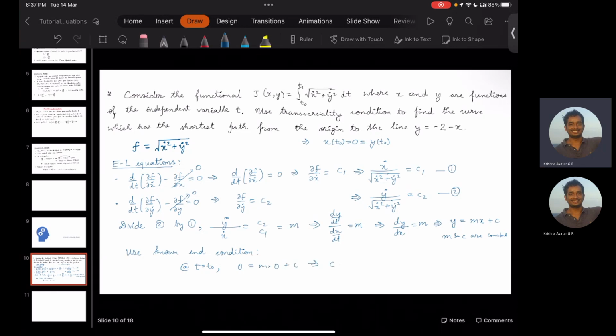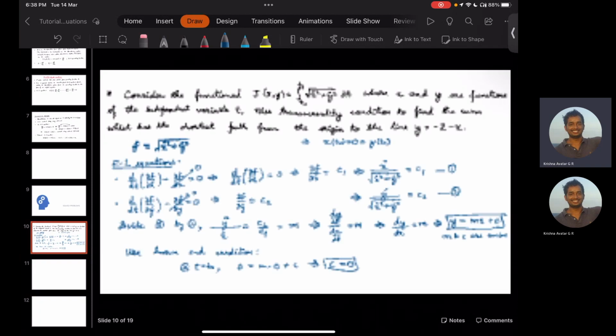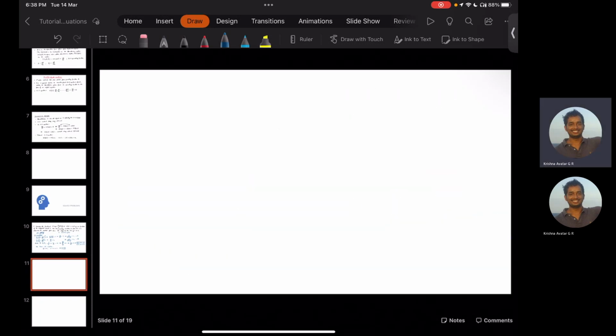So this implies that c is equal to 0. Okay, so we have obtained the first constant, which is c is equal to 0. Now we need to determine the second constant, which is m.